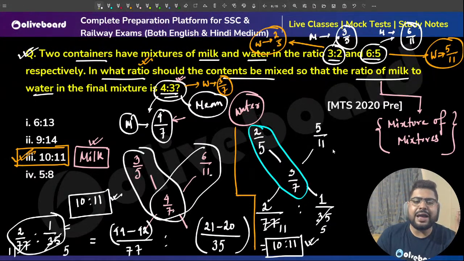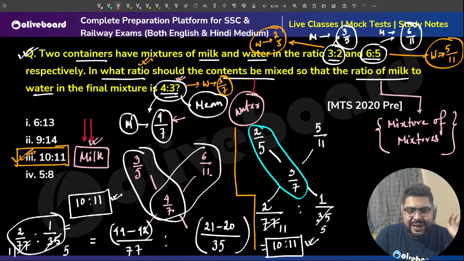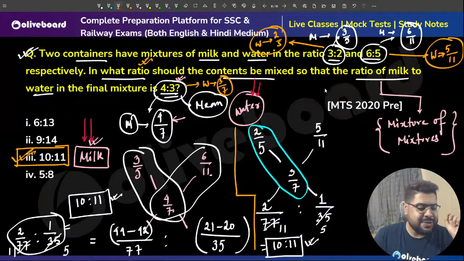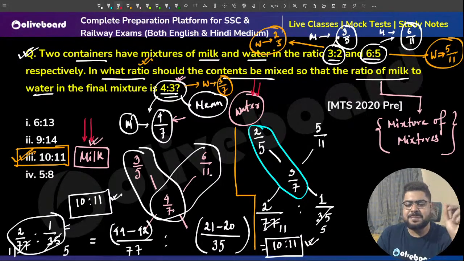Why I have shown you both ways is to say it does not matter whether you take the allegation with milk or with water. As long as it is linearly related, it absolutely does not matter. The allegation variable will never matter.